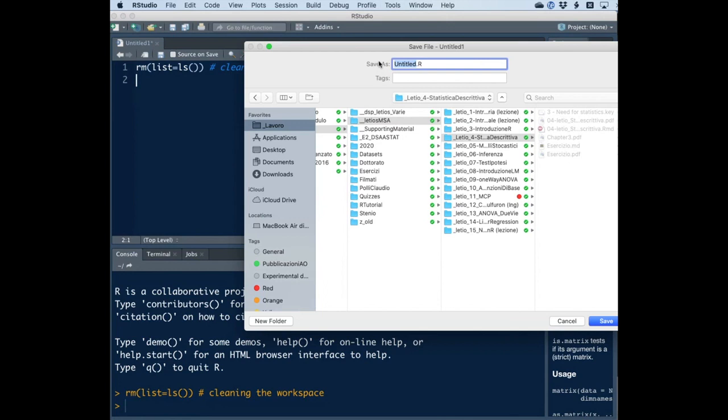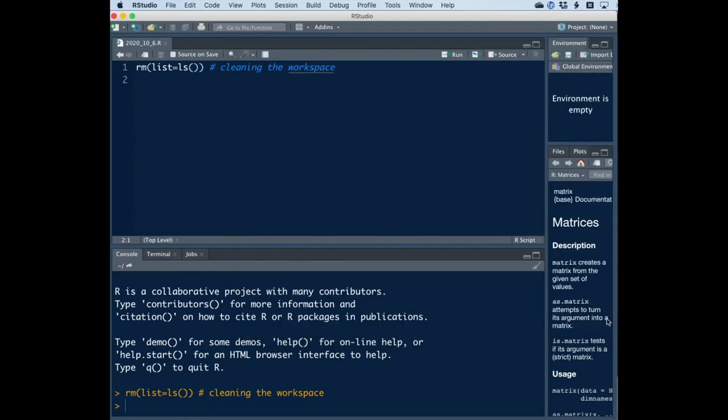So today it's 2020, 10, then it's 6, if I remember well. So now this script is saved into a particular folder of our choice.